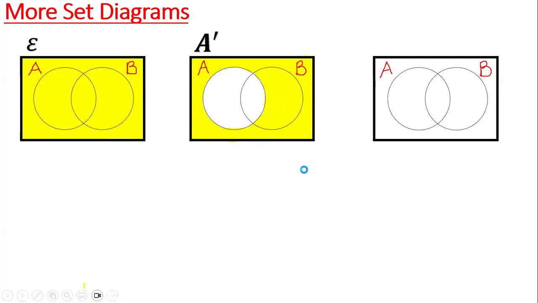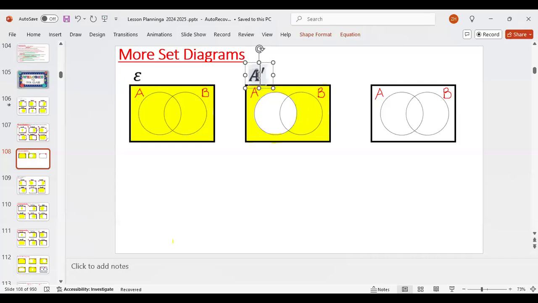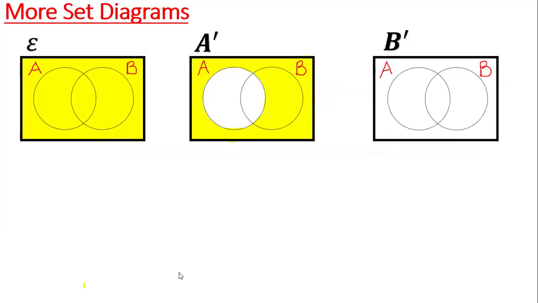Let's try B complement. So A complement means everything except for A. What does B complement mean? Everything except for B. So we shade in everything, but we do not include B.